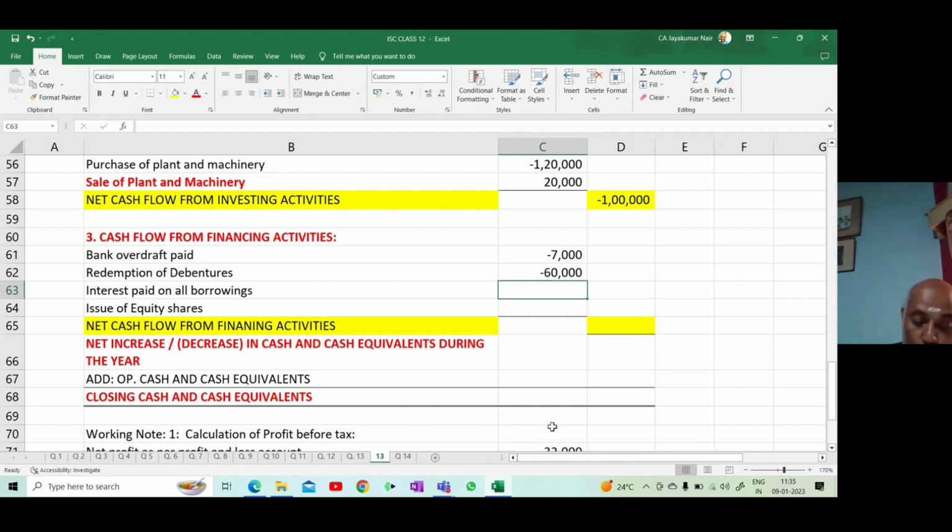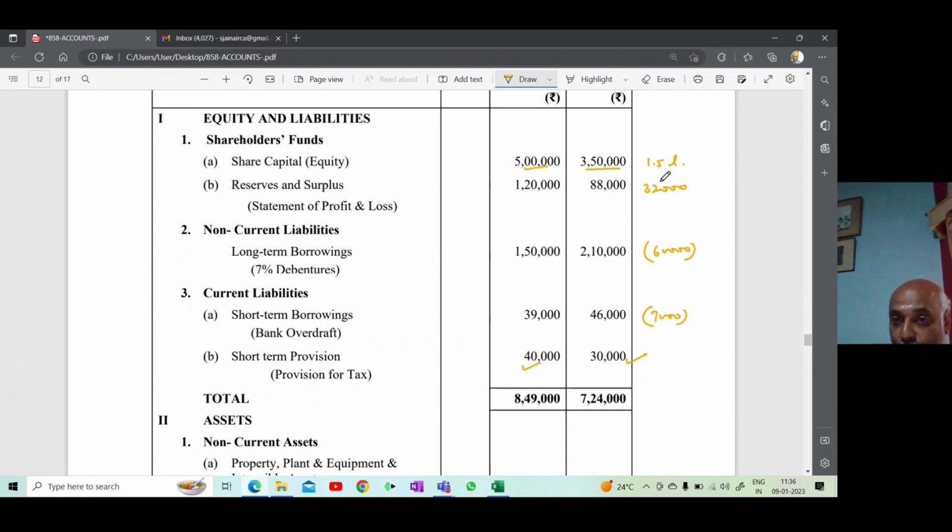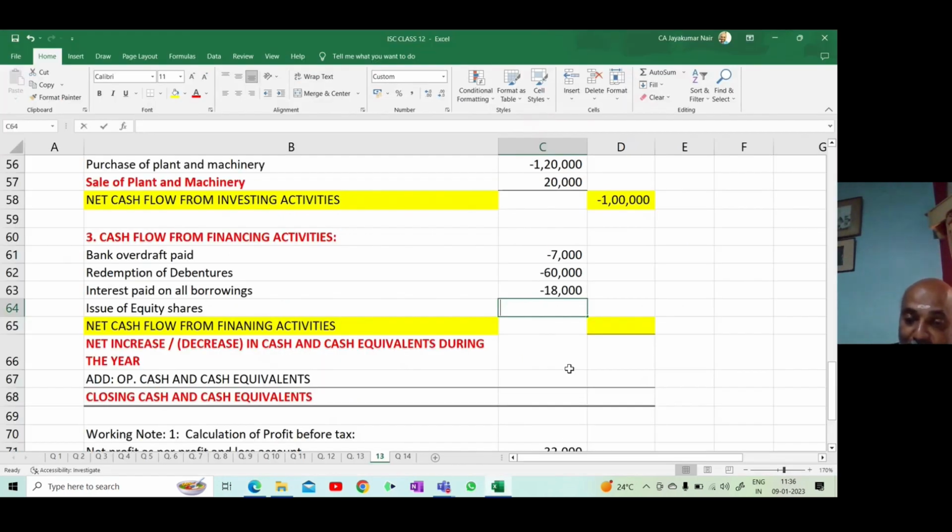Now, interest on all borrowings. How much interest have you paid? You have paid 18,000 debenture interest on all the borrowings put together. And what is the value of issue of shares? Issue of shares is 1,50,000. So 1,50,000 money is coming in, therefore it is positive.